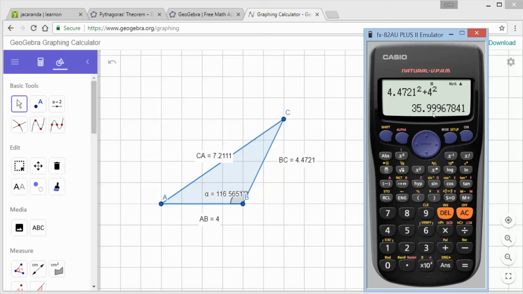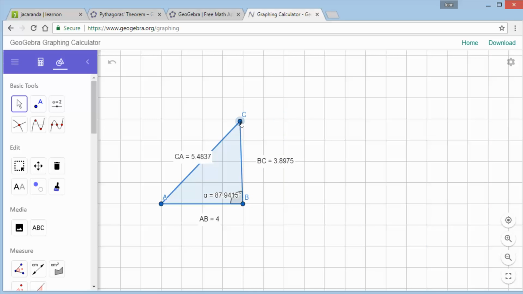It's close to 36. Now we'll do 7.2. In fact, you should already know 7 squared is not going to give you 36, it gives about 49. And you get 51.9, so you get close to 62. So see the difference there? That's not a right angle triangle. So Pythagoras does not work for non-right angle triangles. It must be a right angle triangle.